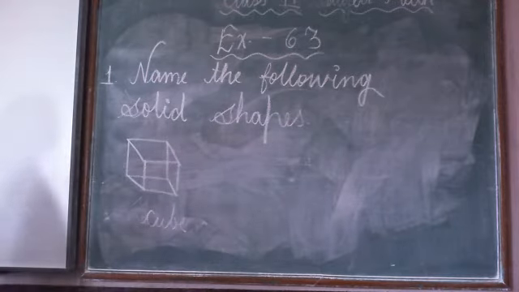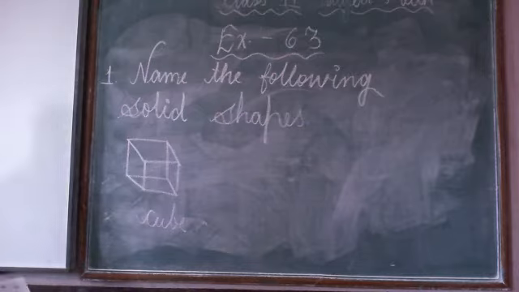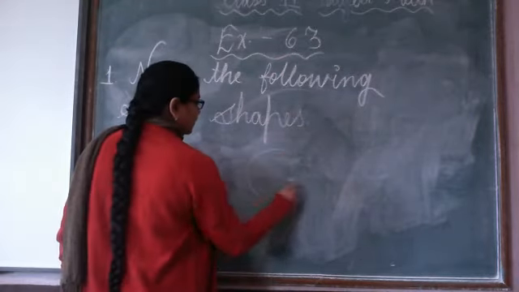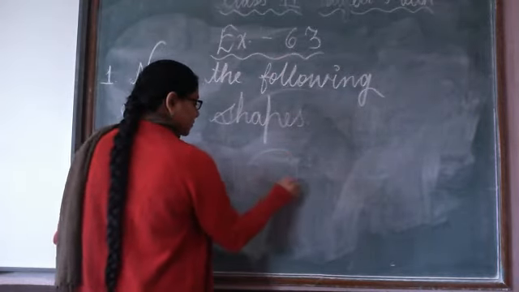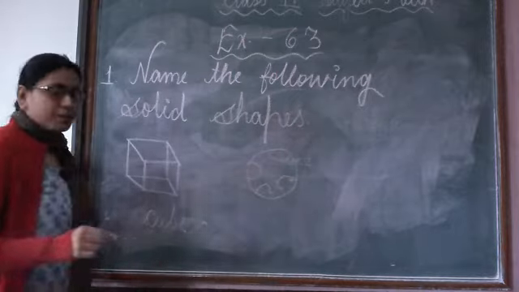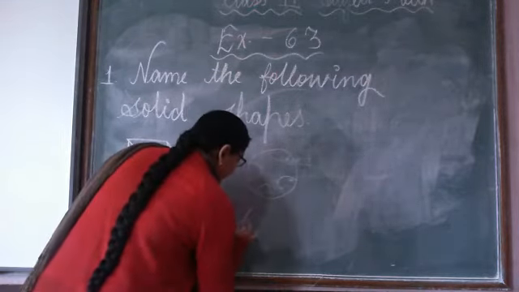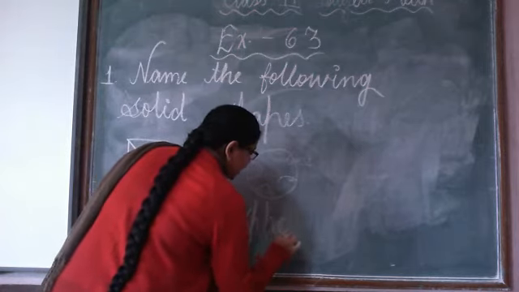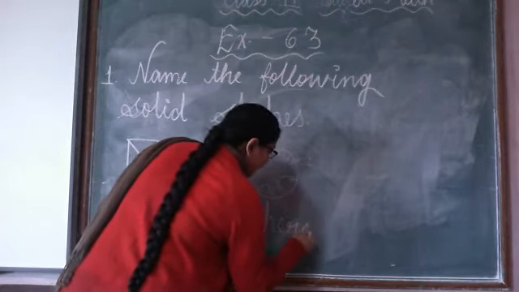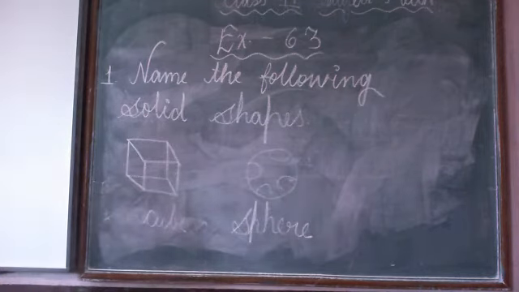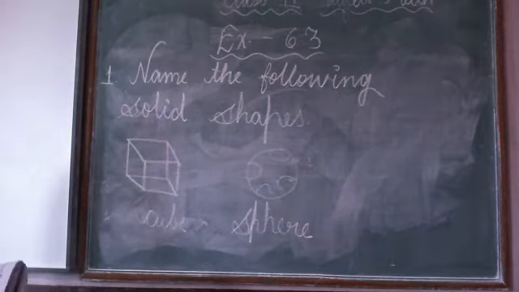You need to write the whole sentence. Now the next one is the ball. So we know that the ball is a sphere. So we will write this is a sphere. So once again students, I am writing answers only. You need to write the whole sentence.